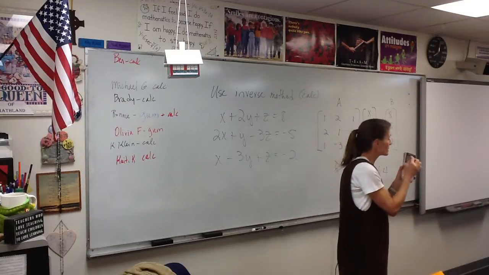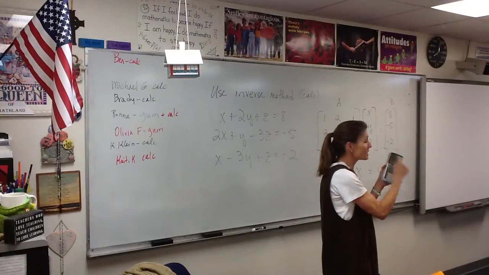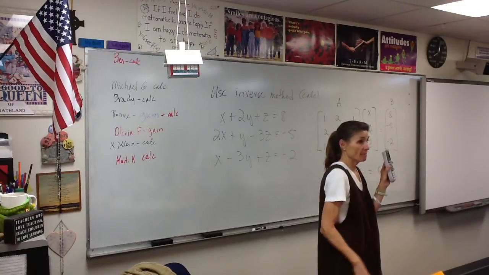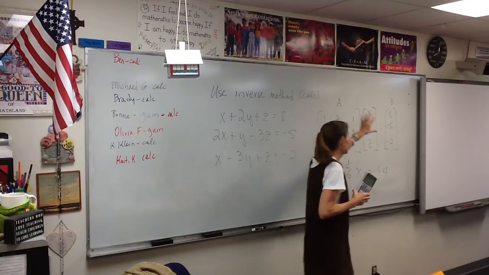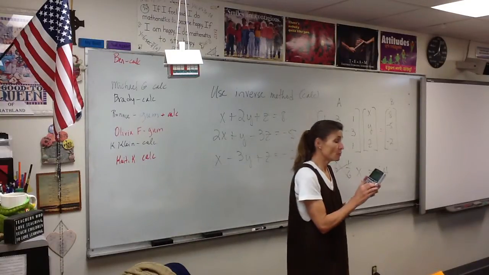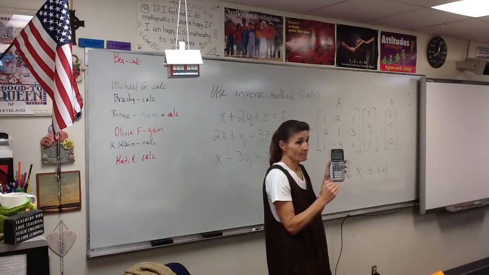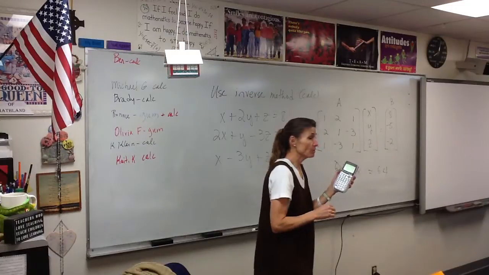Now you will notice across the top of the screen, there are 3 options for you. Names, math, and edit. We want to put these matrices into our calculator, so we go over to edit. Anytime you want to put info in, you need to be in edit. Okay, so just press enter.